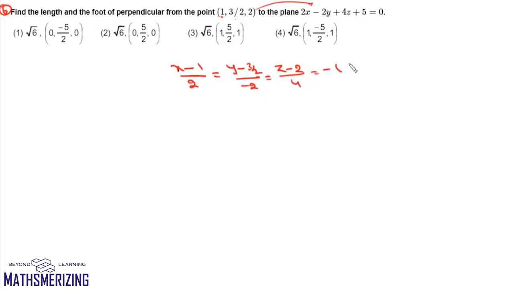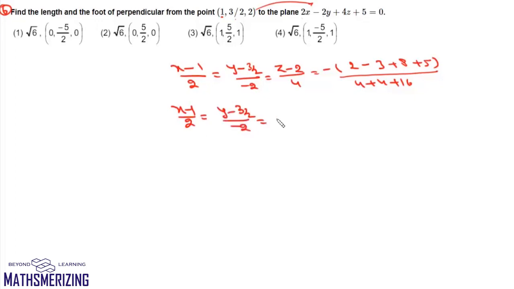So we'll get this as 2 minus 3 plus 8 plus 5 upon a square plus b square plus c square. So it will be 4 plus 4 plus 16. So we'll get this as x minus 1 upon 2, y minus 3 by 2 upon minus 2, z minus 2 upon 4.